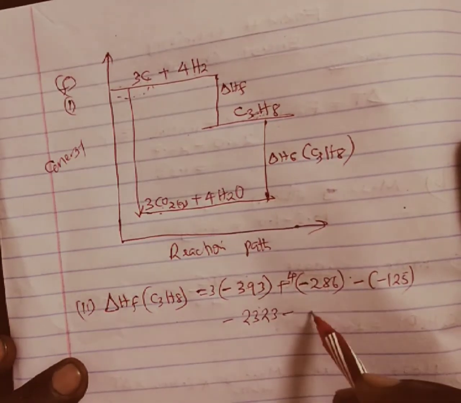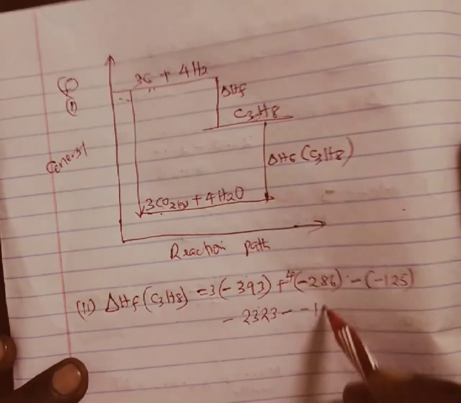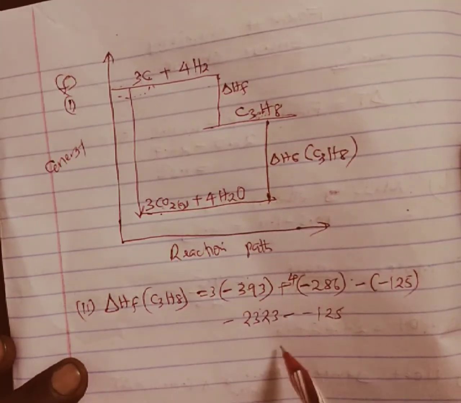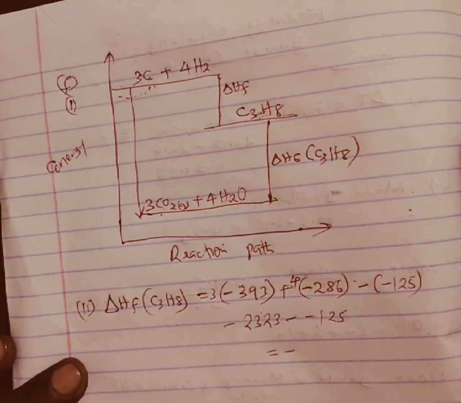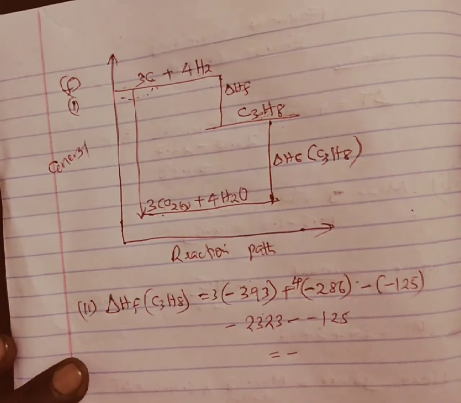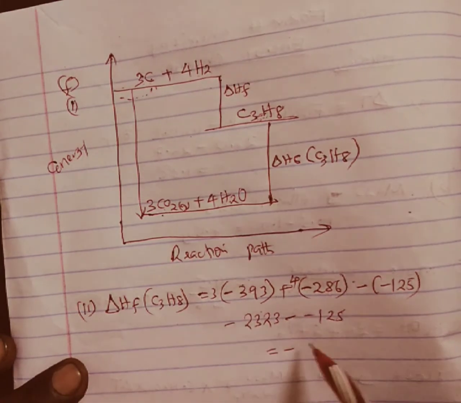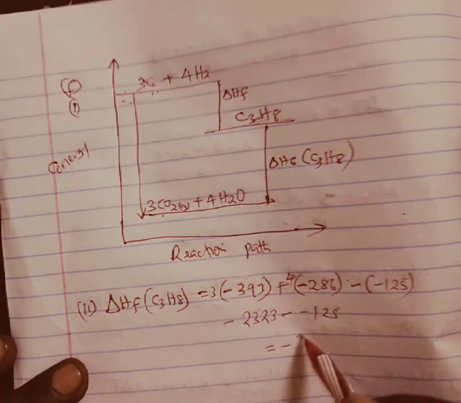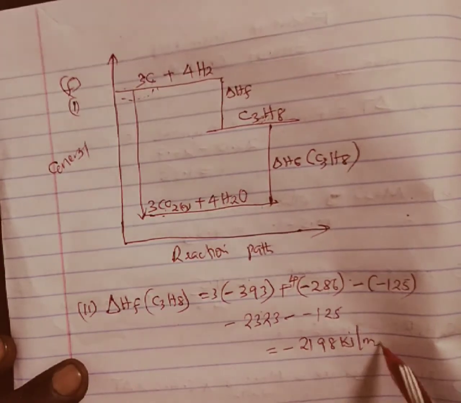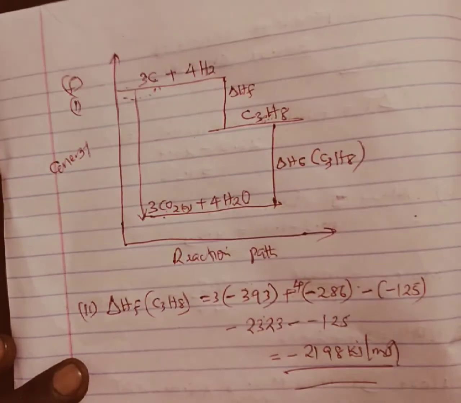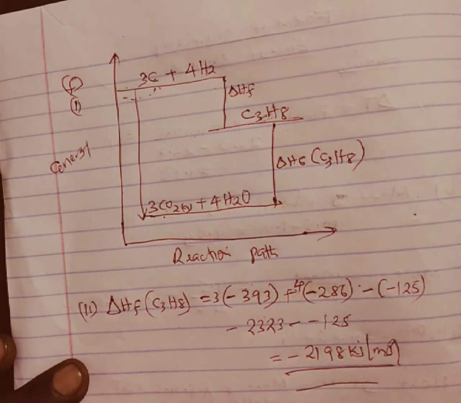We minus negative 125, minus is like a plus, that is plus 125, and this gives us negative 2198 kilojoules per mole. We can confirm this.